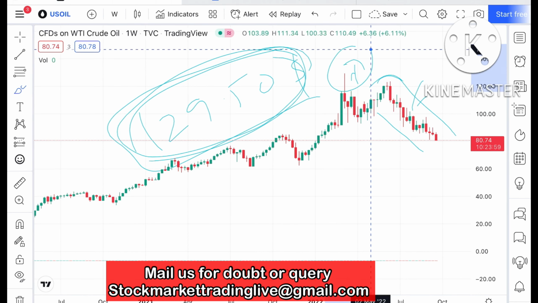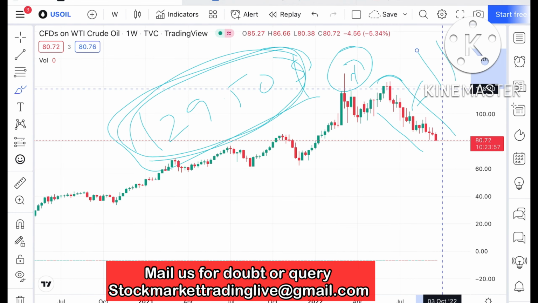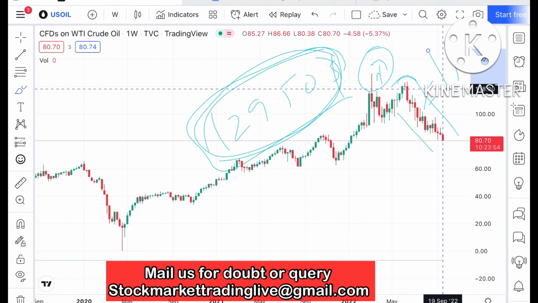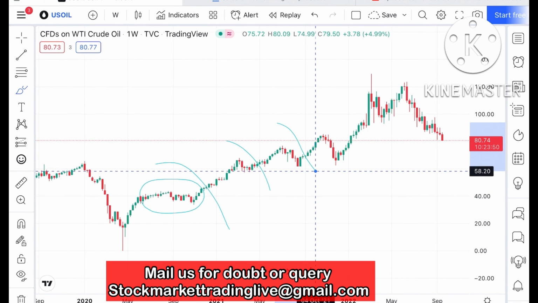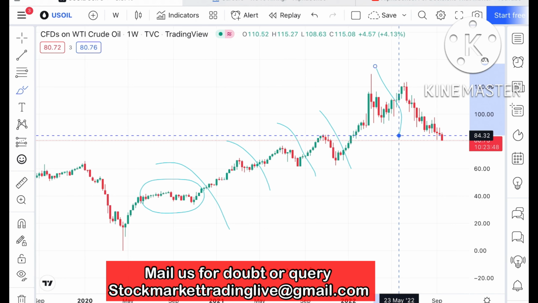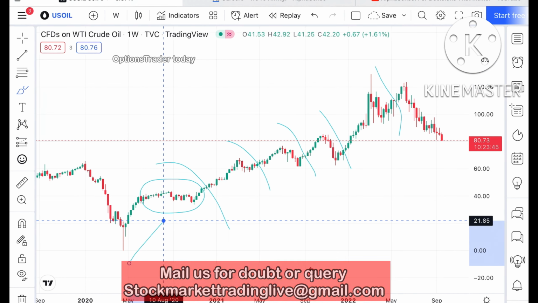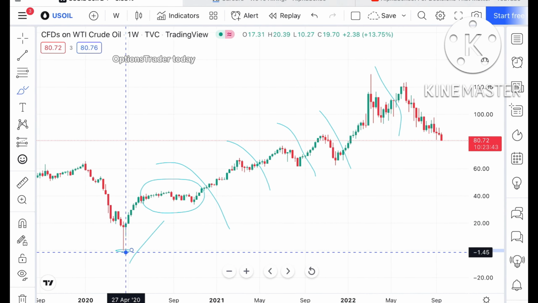From there, the next time it tried to break this particular high but it didn't, and made a high of around 123, and from there we have seen it continuously moving down. If you look at this particular chart, it has created a pattern on the weekly chart.